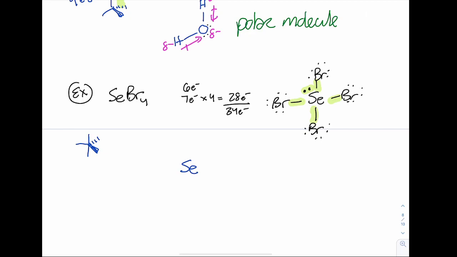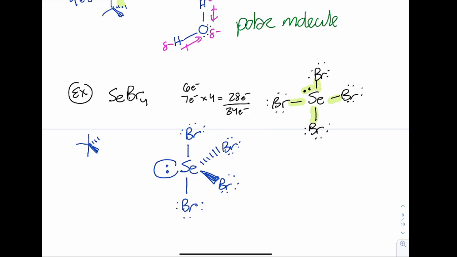So Se, I'm going to go up to a bromine, down to a bromine, out to a bromine, back, and then my lone pair is going to be right here. I do have lone pairs on those guys. I'm going to put them there so we can check our formal charge real quick. This one doesn't have any, but it's good practice.